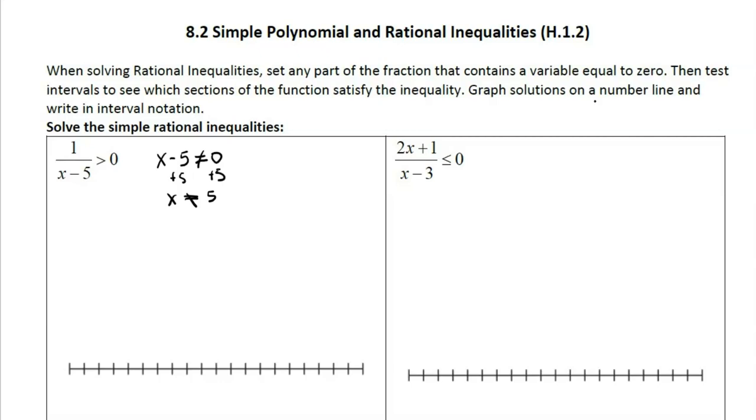Now, I want to make note of the fact that this says that this expression has to be greater than 0, and greater than 0 means that it is positive. Also, the denominator cannot be equal to 0, so it is always an open circle.